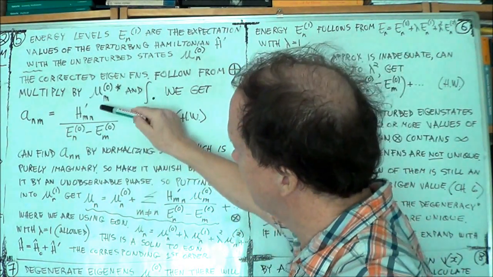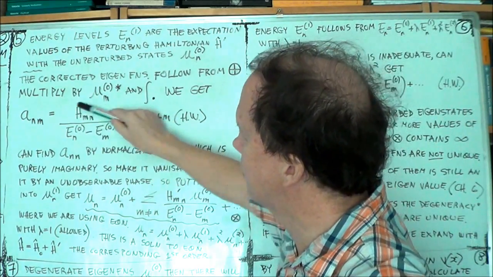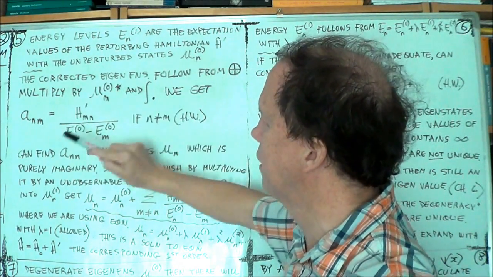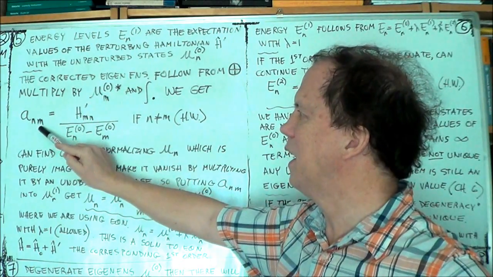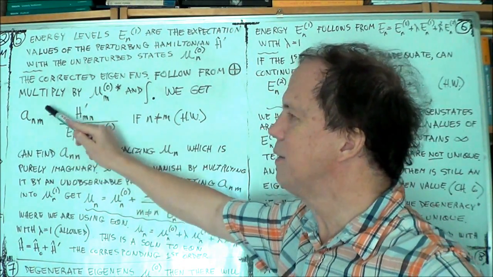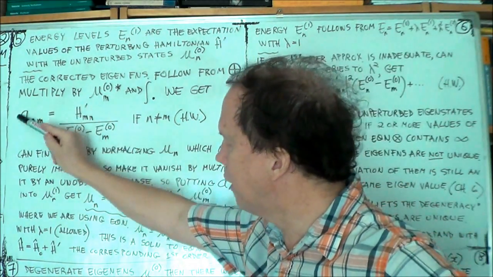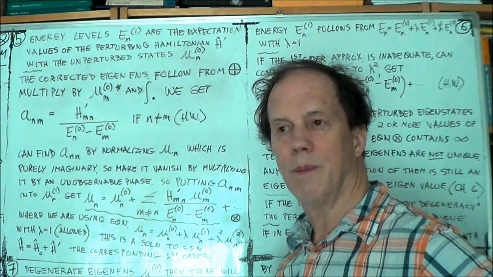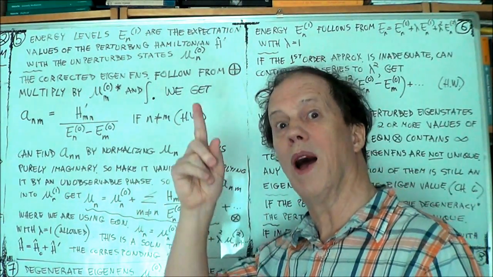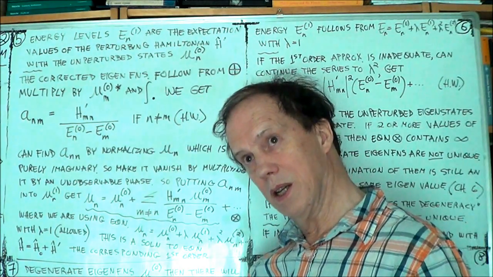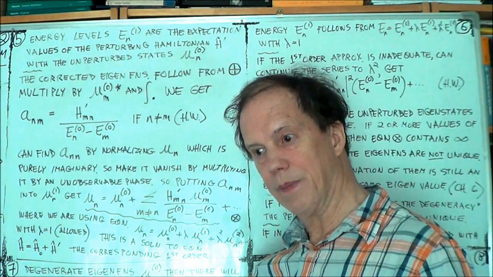Okay, so we can calculate that. We know this, so we can calculate the whole thing, and then hence we know the coefficients a and m, and if we know these, we can plug these values into the expansion of UN1, the first order correction to the eigenfunctions.